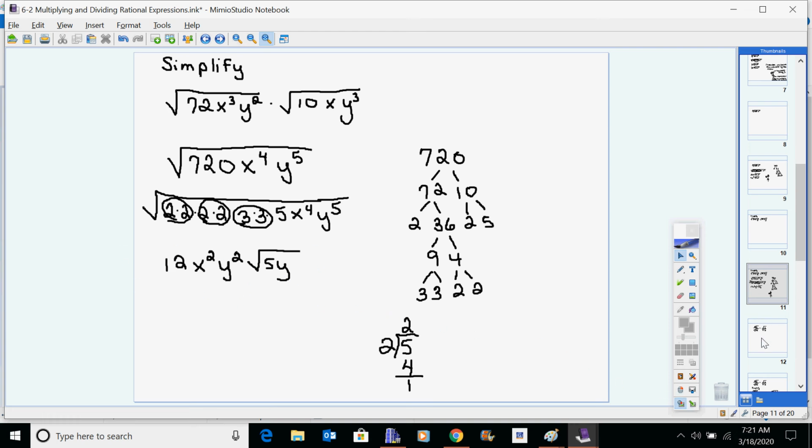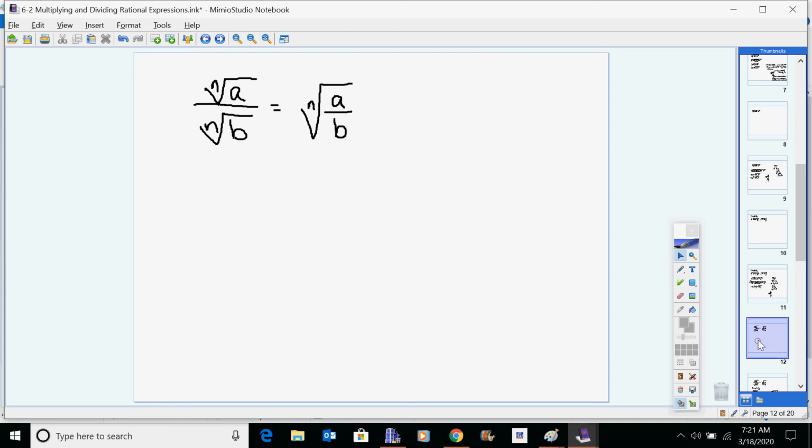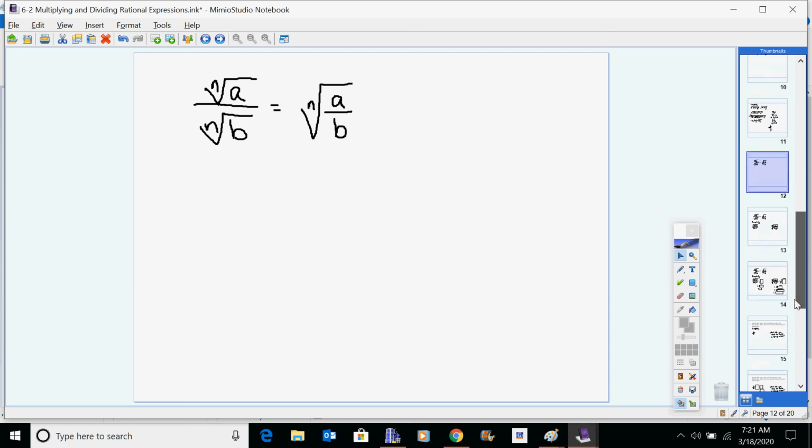All right, then we come to fractions with the same index. So I've got an index of n here, an index of n here, and you can combine them just like you can with multiplying into one overreaching radical.